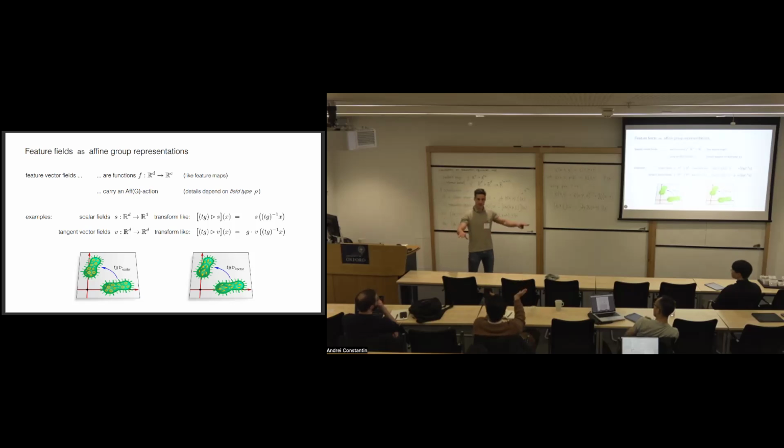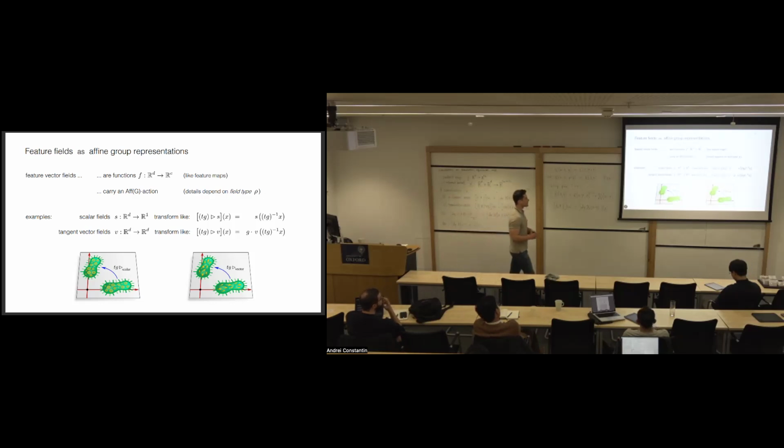R^d is the base space, on the manifold. Yeah, you have a field on a manifold, a field of c-dimensional vectors on a manifold. And then in hidden layers of your neural network, you have like 128 or 256 channels.